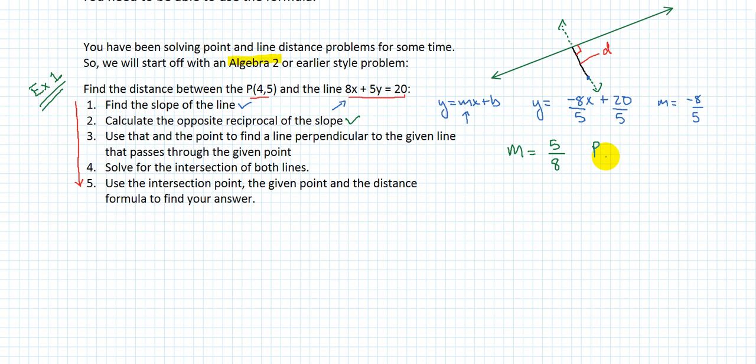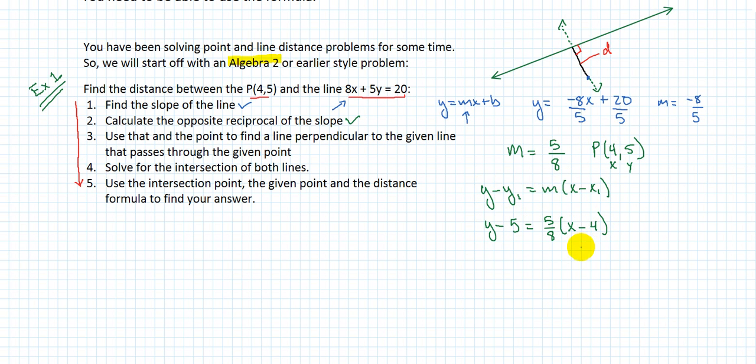So I'm going to rewrite that here, and hopefully you remember y minus y1 equals m times x minus x1, and that's the point slope form of a line. And so we could put that in, here's your x and y, so that'd be y minus 5 equals 5/8 times x minus 4.